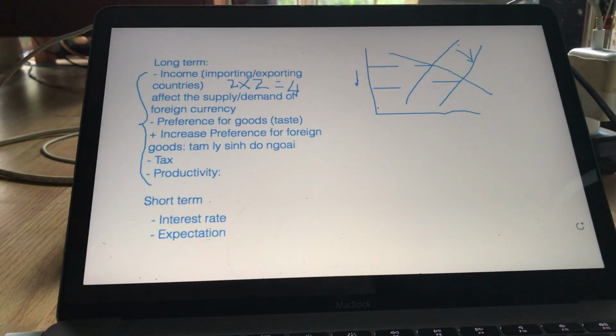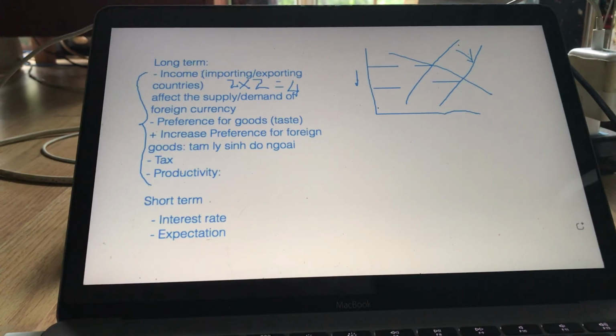From that, after you have a movement, on the graph you can see whether the exchange rate decreases or increases. So for each determinant, you do that for the importing country and the exporting country, for increase or decrease. So each determinant has four cases, and we do the same for the rest three.